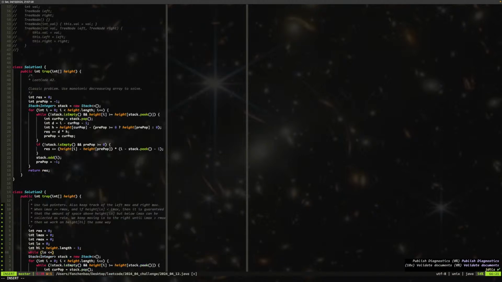So while low smaller equal to high. Do we do smaller equal to high, or do we do smaller than high, when they meet in the middle? Yeah, I think it should be smaller than high. I don't think we should meet in the middle.